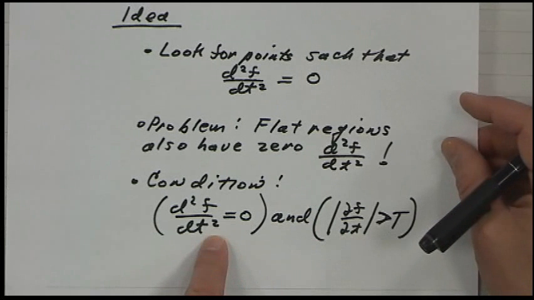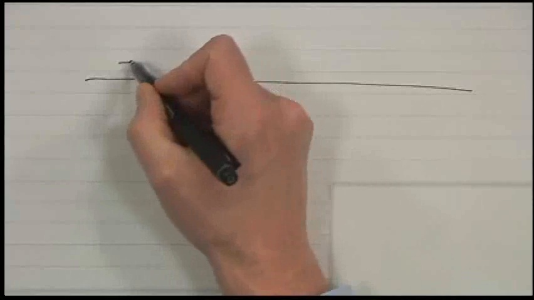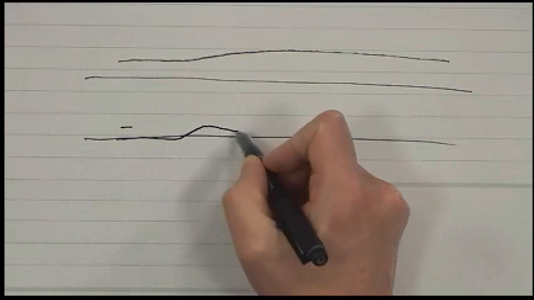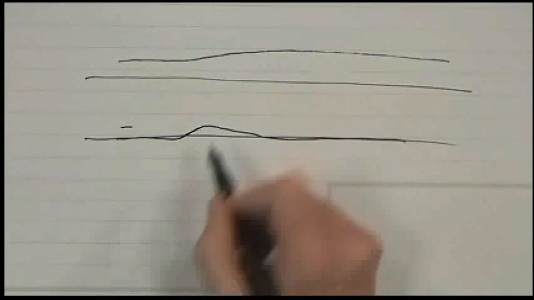in places where it's not very edgy, right? So, for instance, if you had something like this, and you just had something like this, the first derivative is going to be just a little tiny peak there.